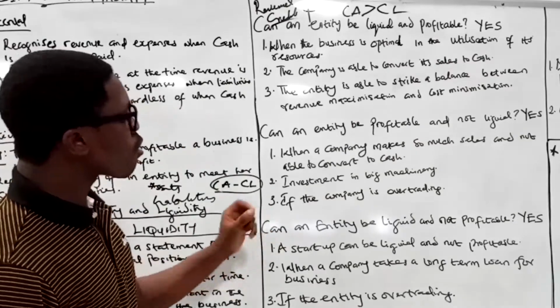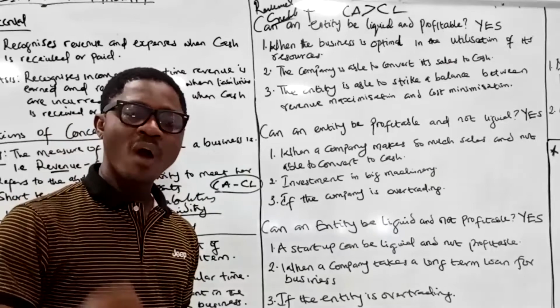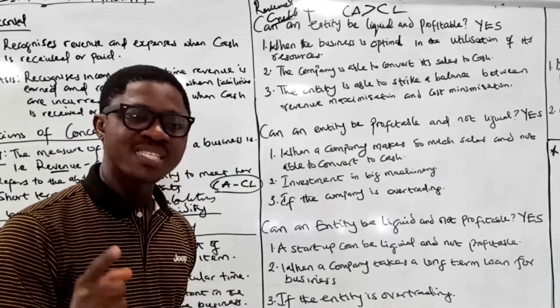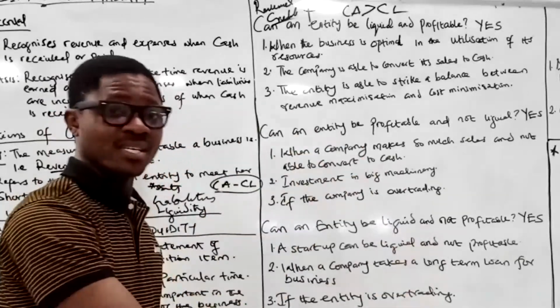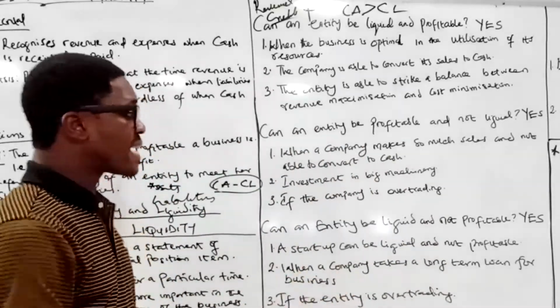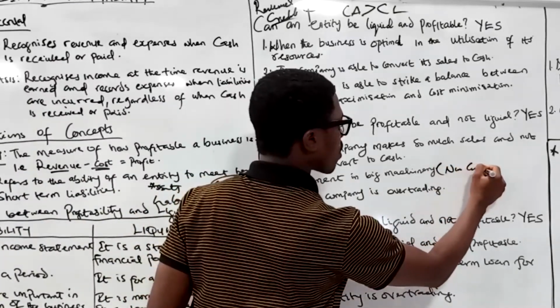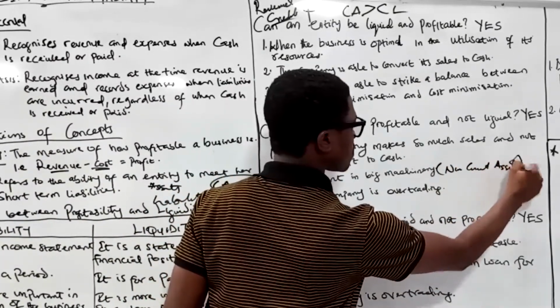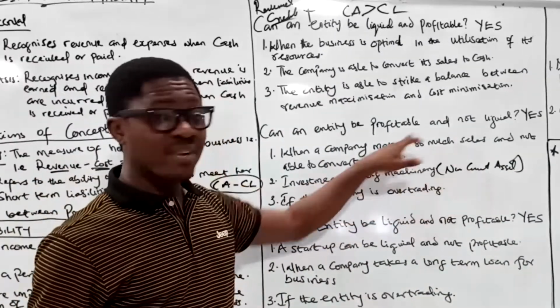Two, if the company invests in big machinery, a company can be profitable and not be liquid, in the sense that the liquid cash the company has is invested in big machinery. And machinery is a non-current asset, which eventually will be used to generate revenue.